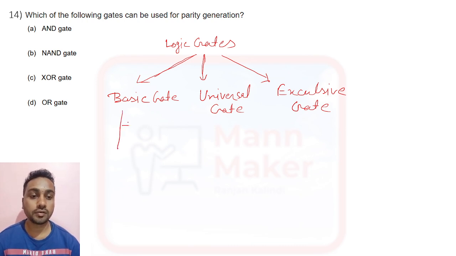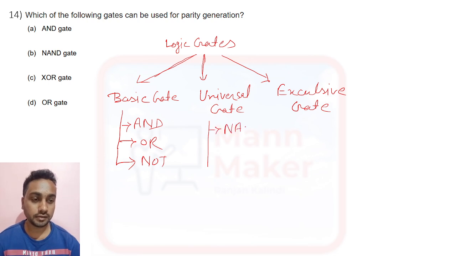In basic gates, we study the AND gate, OR gate, and NOT gate. Okay, three types of basic gates are there: AND, OR, and NOT. And universal gates are NAND and NOR. Okay, two gates are there: NAND and NOR.